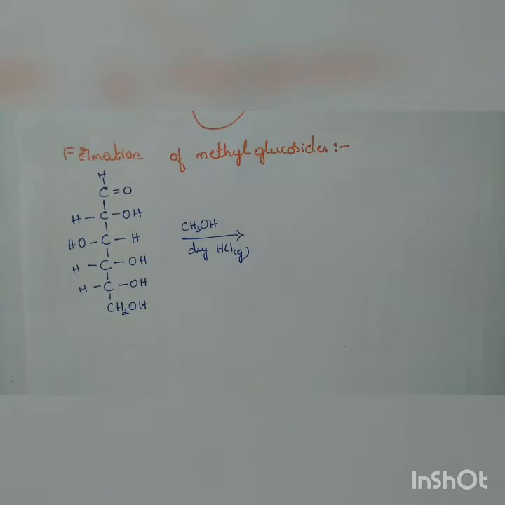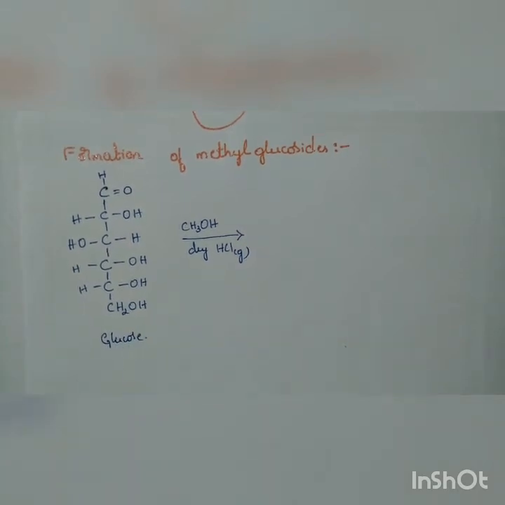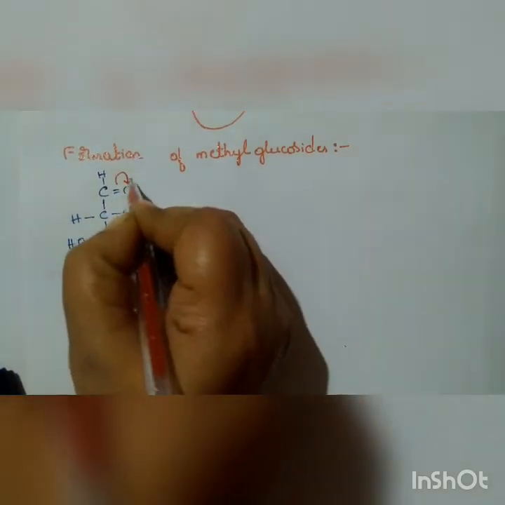So we have a methyl alcohol and glucose reaction. Glucose I have written here, and CH3OH. Here observe, oxygen is more electronegative.